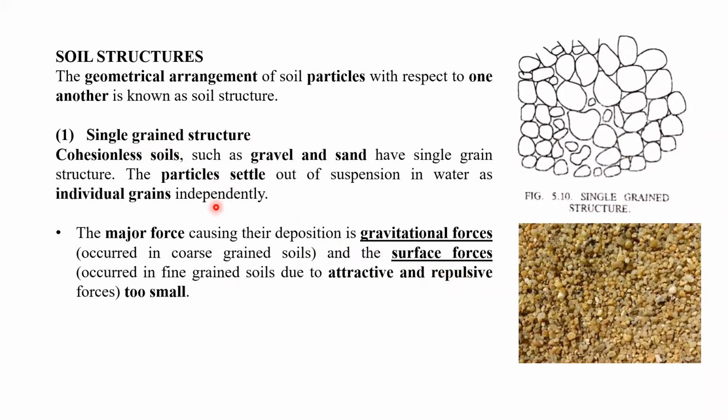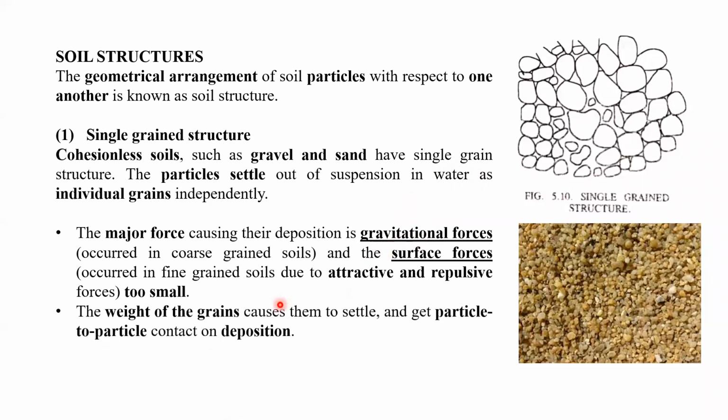So in case of single grain structures, these forces are very, very small. Only the gravitational forces normally act on the coarse grain soil at the time of settlement from the water. The weight of the grains causes them to settle and get particle to particle contact on deposition.